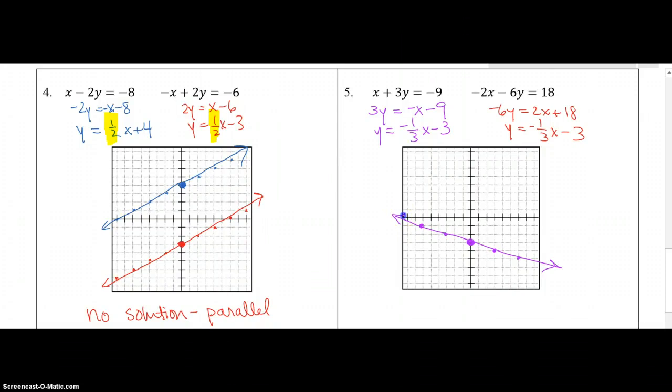So really, you don't even have to graph it again, but just for sake of color coding, I want to show you that it's the exact same line. So on your paper, if it has infinitely many solutions, there should only be one line because they are the same. Okay? So this is infinitely many solutions. They're the same line. Questions?